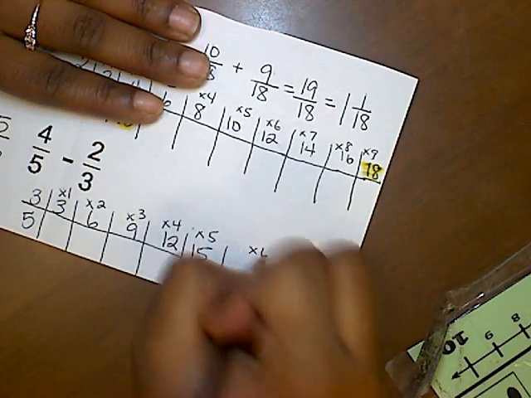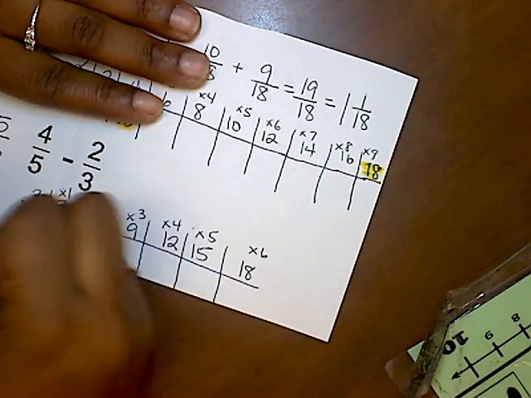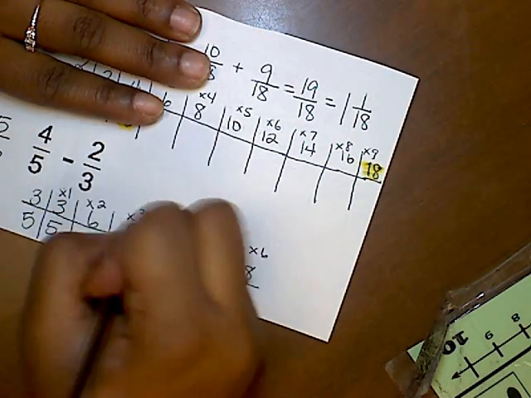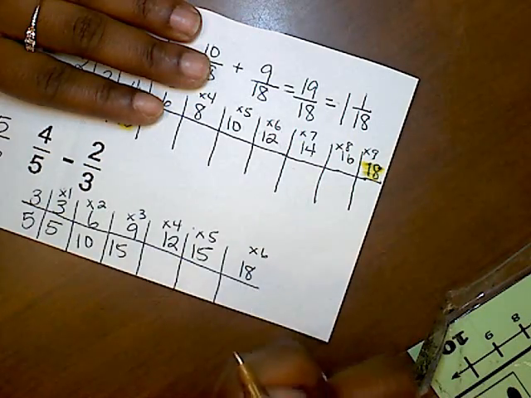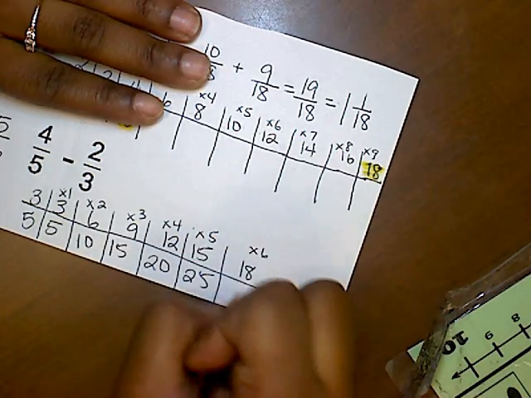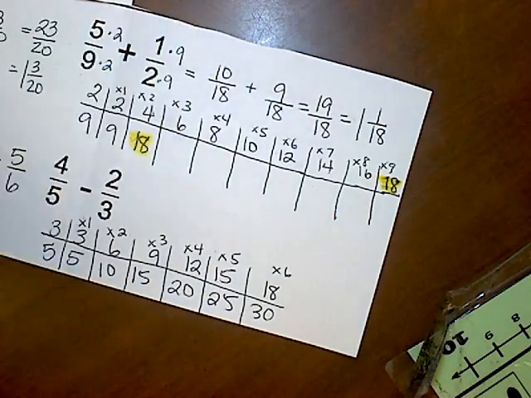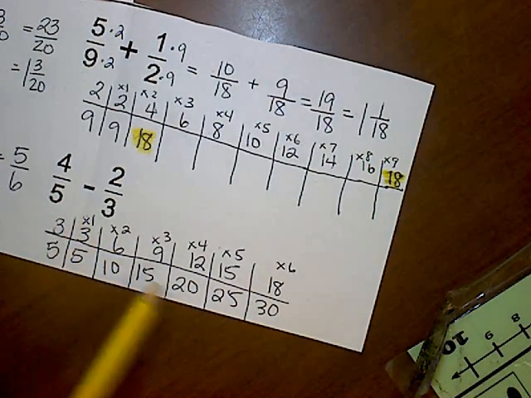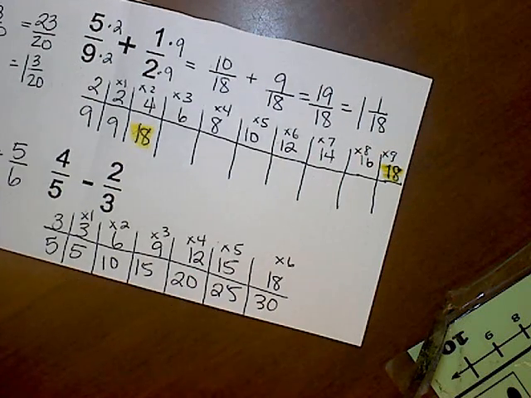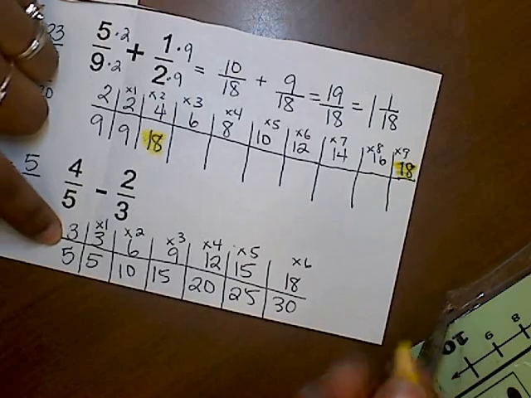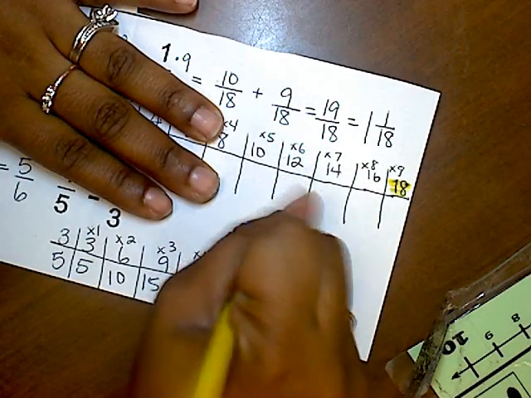We can do one more just in case, 18. And then we have 5 times 1, which is 5, 5 times 2, 10, 5 times 3, 15, 5 times 4, 20, 5 times 5, 25, 5 times 6, 30. So again, we're looking for the common multiples, and again, we just did our basic times table. So I'm looking for the common denominator, and that common denominator I'm seeing is 15.